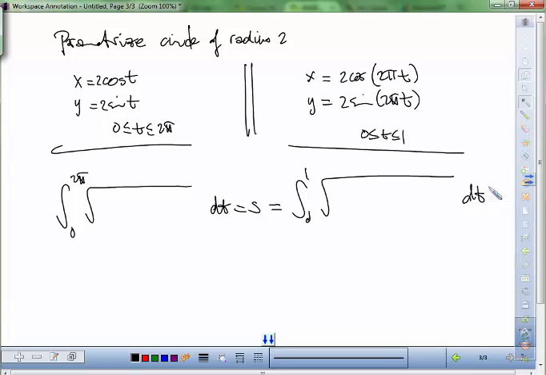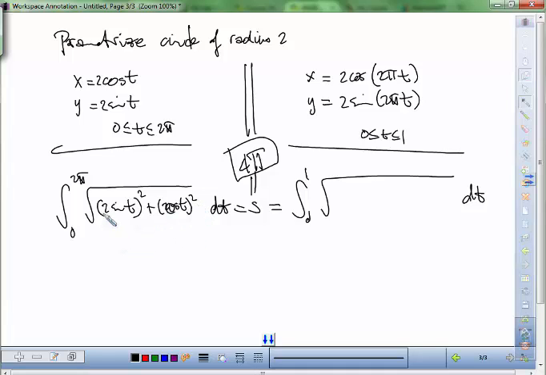And what should this equal? What's the circumference of the circle of radius 2? 4 pi? So your answer should be 4 pi for either of these parameterizations, right? Should we go through this work? Take the derivative, square it. So the derivative of this is 2 sine t squared plus 2 cosine t squared.